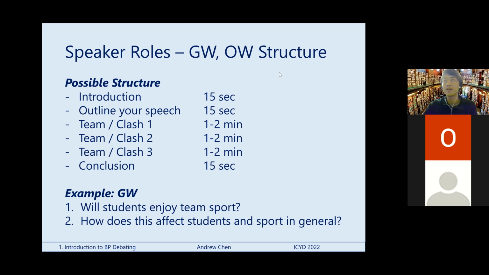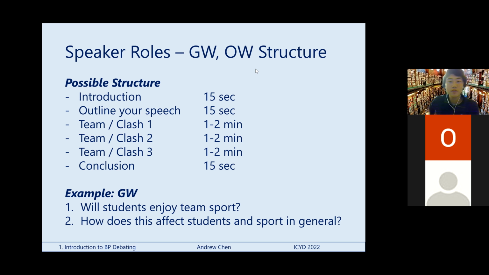But it doesn't always do this because of other rules about how the draw is drawn and giving people different positions and things like that. So most of the time you'll be debating against teams from other schools. I can't guarantee that you won't debate students from your own school, but the draw will try to ensure that most of the time you are debating against different schools, because of course that just gives more value to your students. Okay.